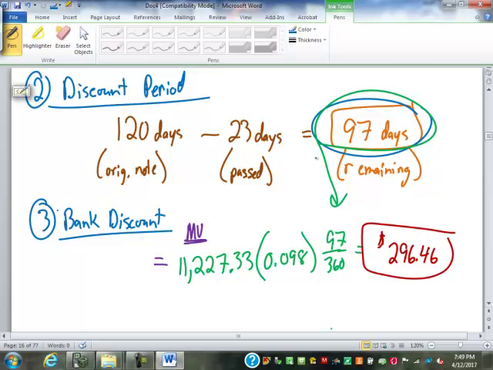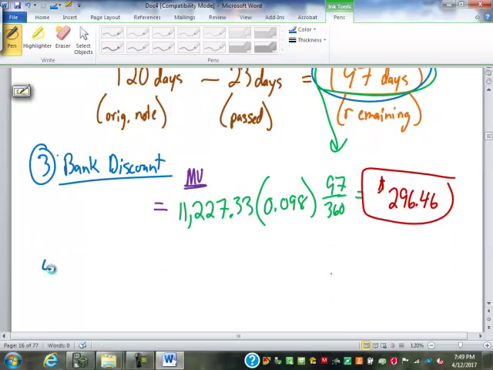Step 4. Value of the simple discount note minus the discount for the total proceeds. Perfect.